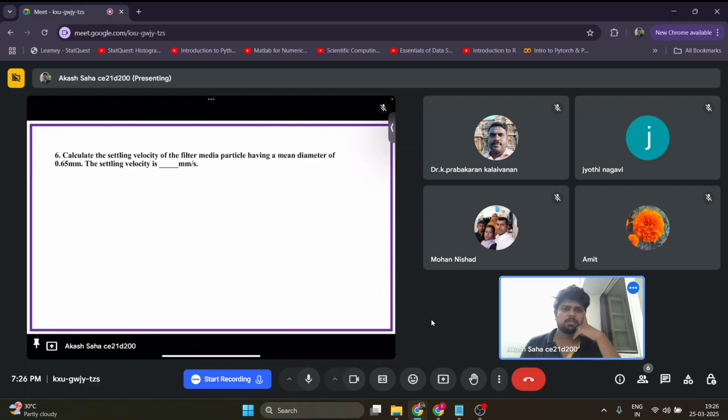Just a direct formula, or at least just tell me which formula we will apply to calculate the settling velocity. Which formula we will apply here?